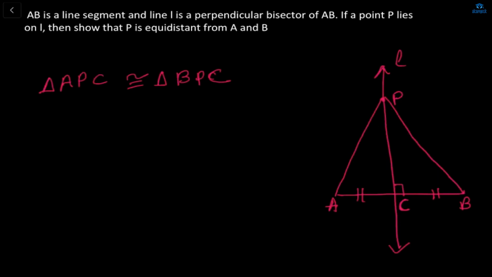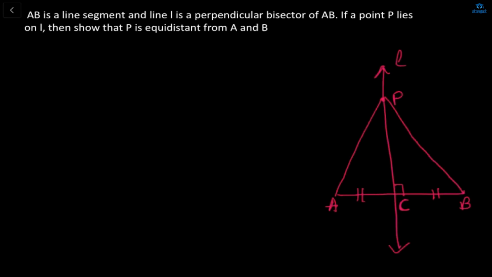Ma'am, can I prove it? Yeah, tell me. Ma'am, we can use SAS, because the perpendicular bisector L divides line AB into half, which means that AC is equal to CB. Angle PCB is equal to angle ACP, both 90 degrees.